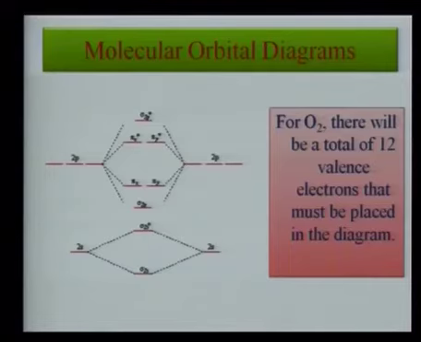But on the basis of experiment, reverse results were obtained. For example, B2 is found to be paramagnetic and C2 is found to be diamagnetic. Therefore, on the basis of experiment, the energy level diagram up to nitrogen has been changed. So up to nitrogen, we should say sigma 1s antibonding, sigma 2s antibonding, then pi 2py equal to pi 2pz, then sigma 2px, then pi 2py equal to pi 2pz antibonding, then sigma 2px antibonding.